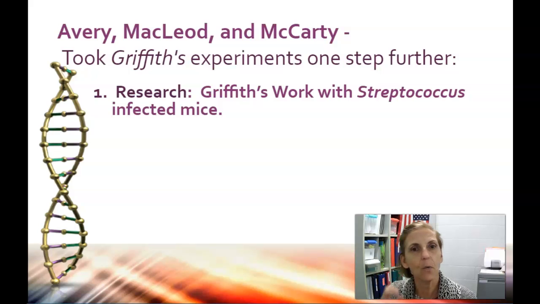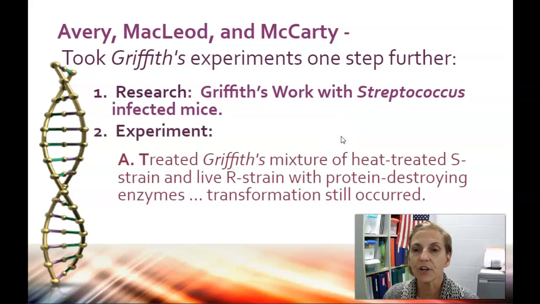So then in 1944, Avery, McLeod, and McCarty were really interested in trying to find out what the transforming factor was. They were quite intrigued with Griffith's work. So they did more research related to Griffith's work, working with Streptococcus pneumonia, and they also worked with infecting the mice. So they're going to do something a little bit different. They're trying to find out what part of that bacteria caused the transformation, caused the other bacteria to become deadly.